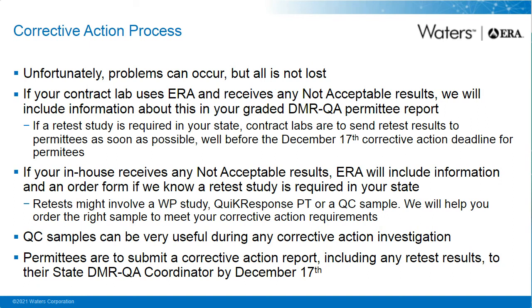One other thing, QC samples or CRMs can really help with your troubleshooting and the whole corrective action process. Finally, permittees are to submit a corrective action report, including any retest results, to their state DMR-QA coordinator by December 17th.